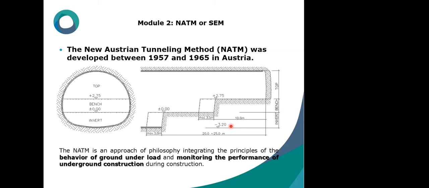Other names of this method are as below: sequential excavation method, spray concrete lining, or in Japan they call it the cross diaphragm method, or upper half vertical subdivision method.